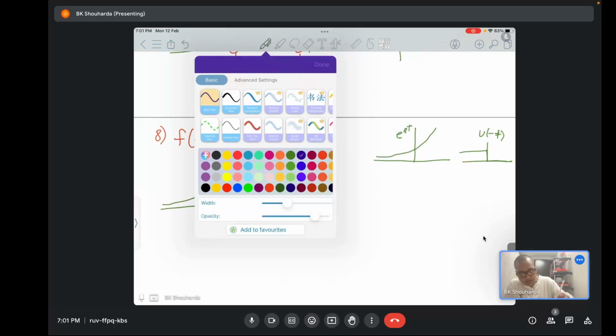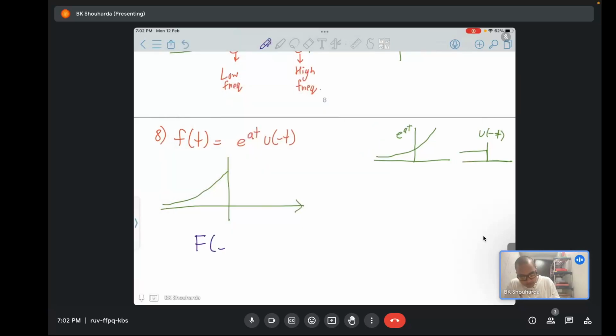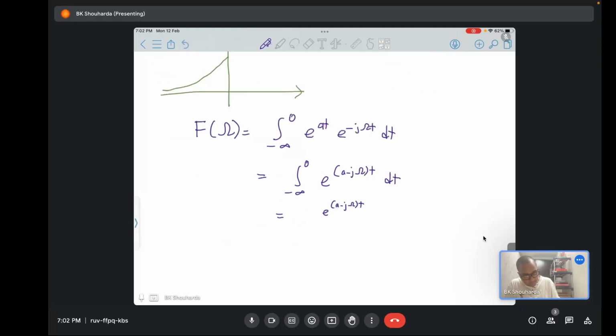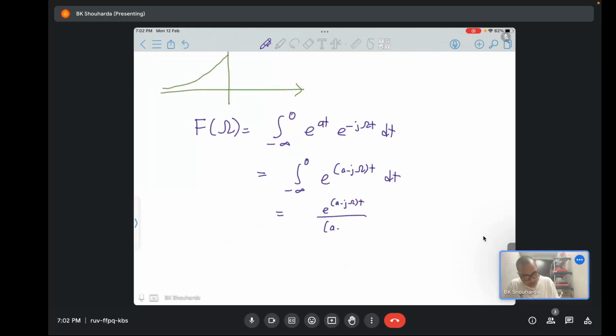So what is its spectrum? F of omega is the integral from minus infinity to 0 of e to the power at e to the power minus j omega t dt, which is e to the power (a minus j omega) t over a minus j omega, evaluated to minus infinity.